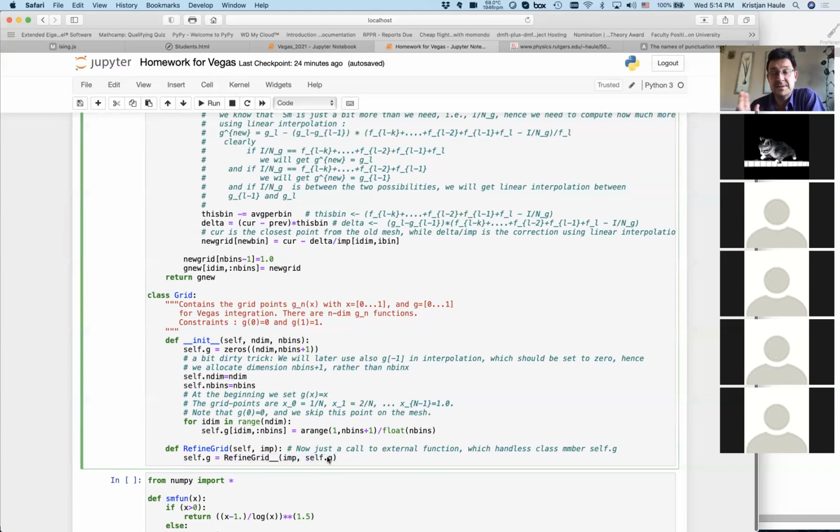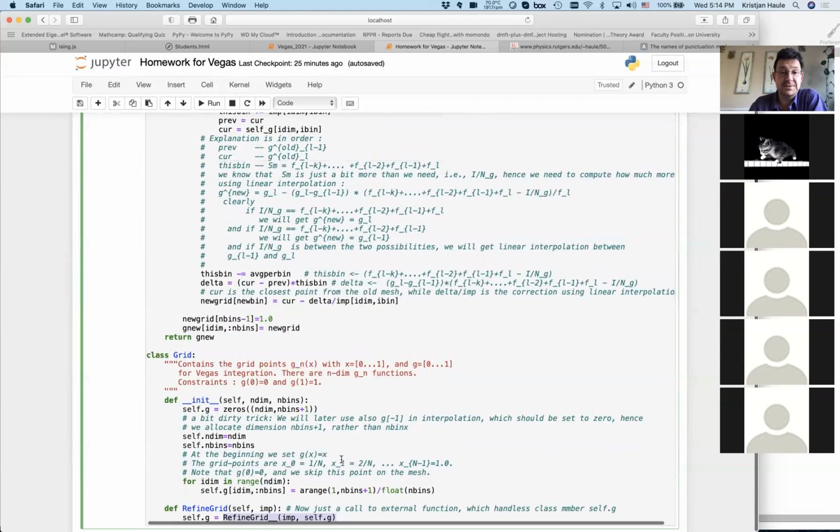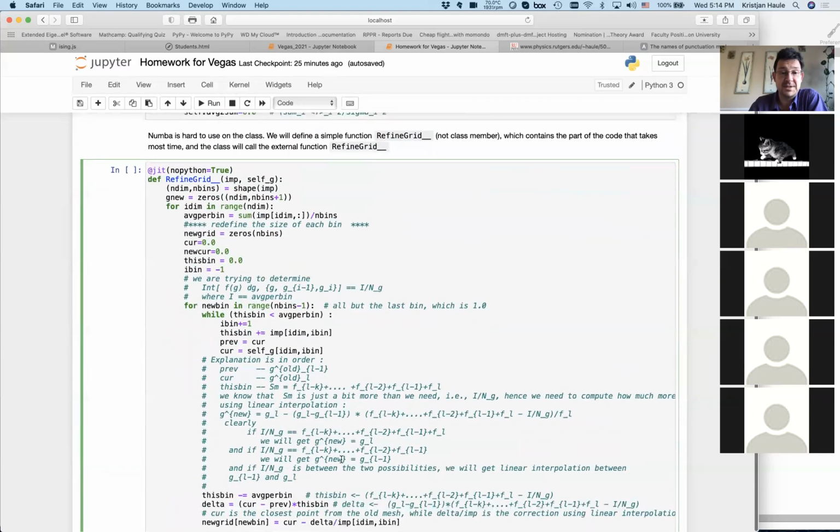So basically, it's an array that you can just read, but don't change. And then we change the array self G only once we return from the function. That's anyway the preferred way within Python, and this works correctly. So therefore, inside the refine grid, before we were changing self G, now we don't change self G. Otherwise, the function is exactly the same as before.